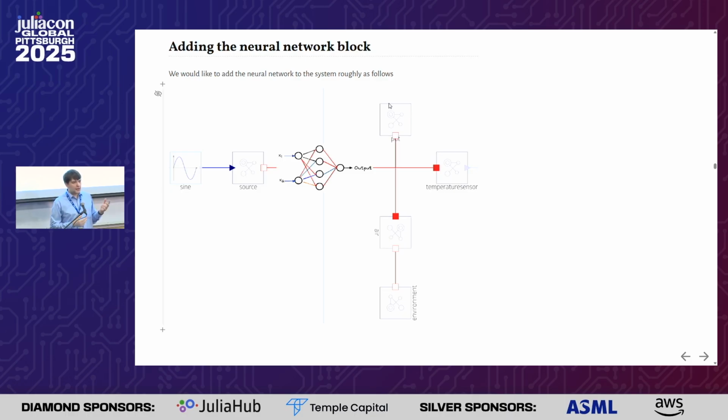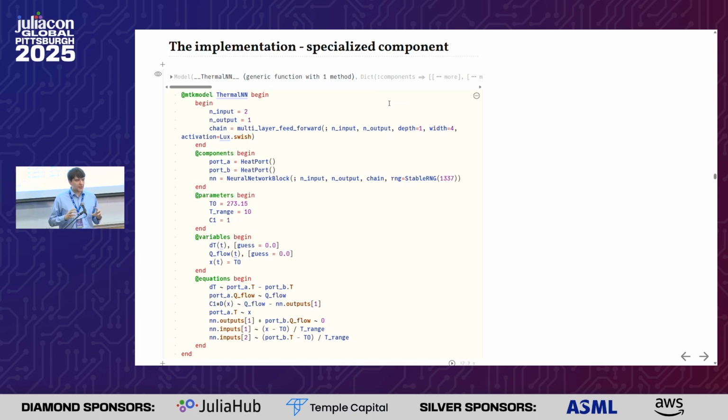It works with heat ports. It needs temperatures. It needs heat capacities. It needs heat flow rate. So the neural network just knows numbers. So we need a specialized component that will be our interface to the thermal domain, essentially, for this particular problem.